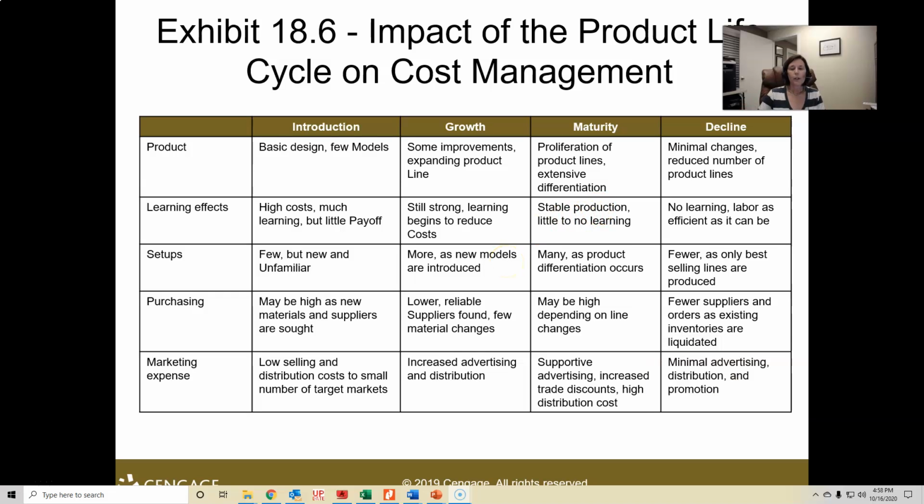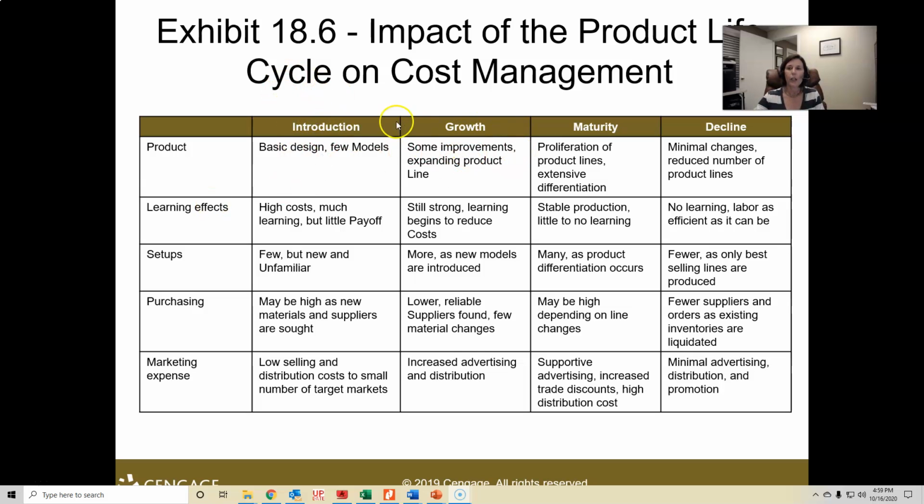Now it's important to recognize from a management standpoint what point your product is in and how that will impact your costs for planning purposes. So we've got it divided into product learning effect. In other words, how long will it take your people to become efficient at its production, setups, purchasing, and market.